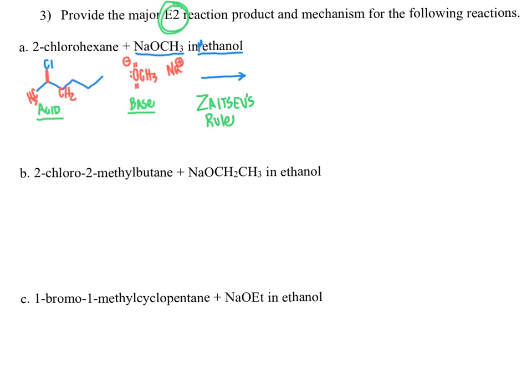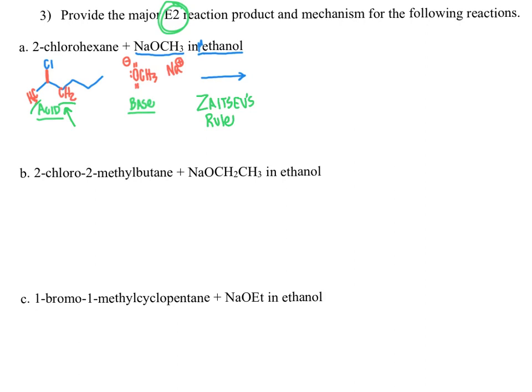And you can do that by removing a proton from the most alkyl substituted position. So methyl group versus methylene there in our starting materials. Definitely the site for removing a proton is going to be right here because that is our more substituted position, and it's going to lead to the more alkyl substituted product.